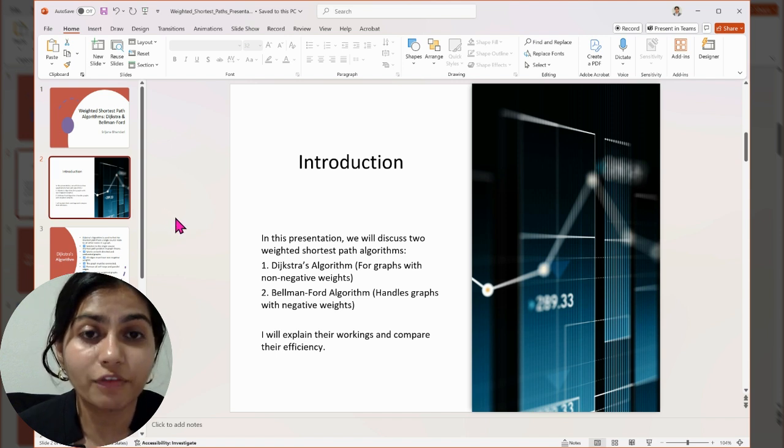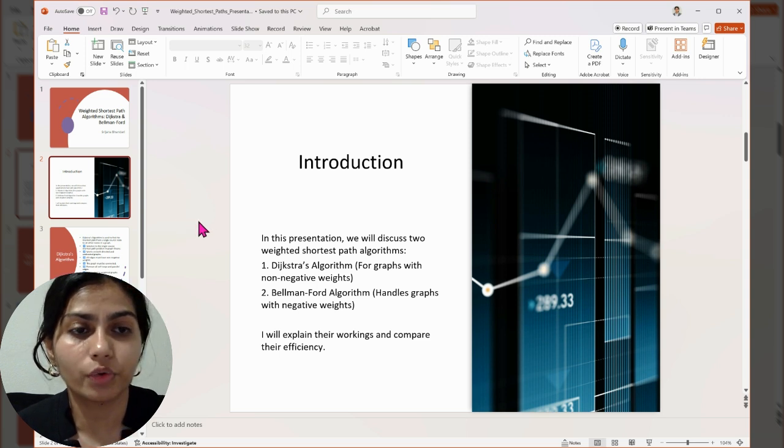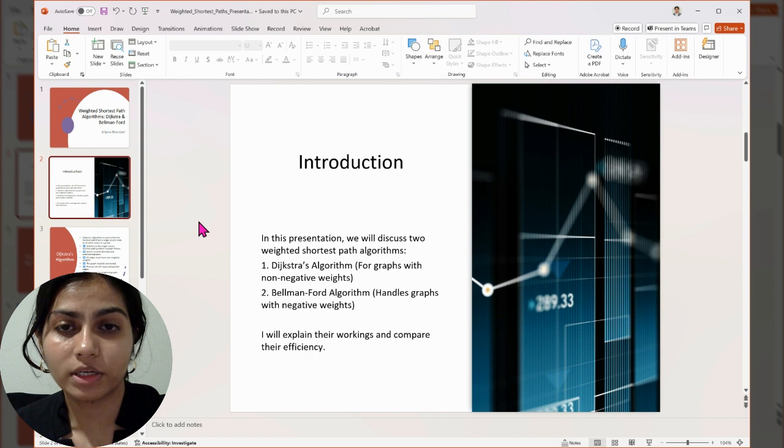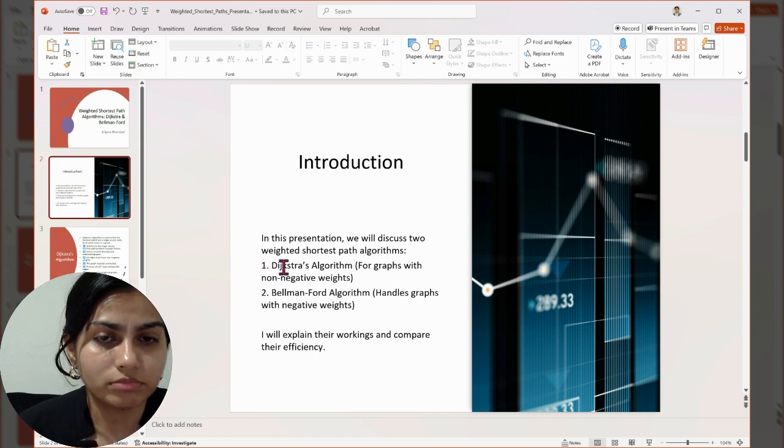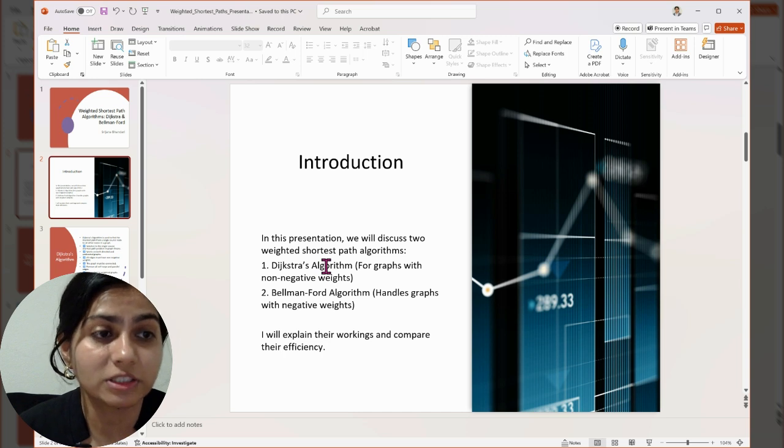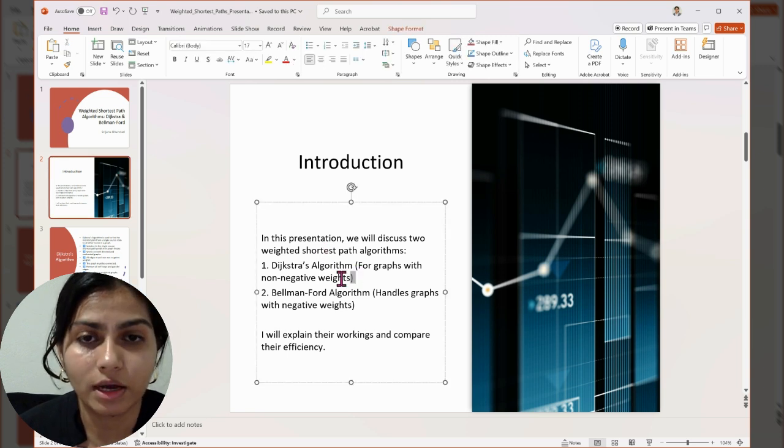Before diving into detail, let me briefly introduce these algorithms. What is Dijkstra's algorithm? It is used to find the shortest path from a single source node to all the other nodes in a graph, mainly for non-negative weights.